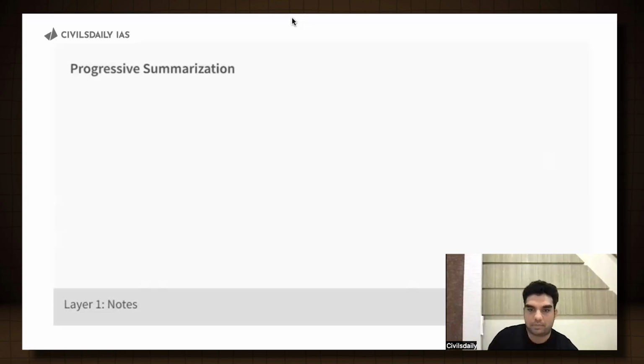This particular topic is kind of easy. I just know it. I have a very good understanding of this topic. I don't think I need to write it. I'll probably remember it. This particular topic is my weakness. I keep on forgetting it. I really need to write this down. Your way of filtering from the layer zero source, the original source, to write your first layer of notes will keep evolving as more attempts come.